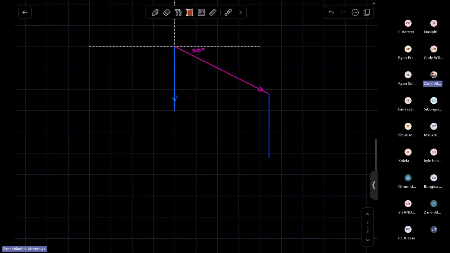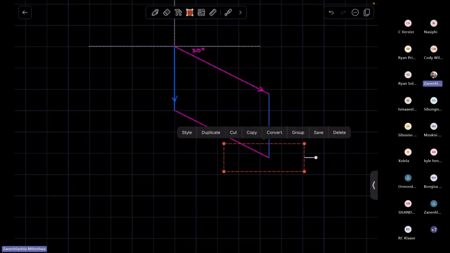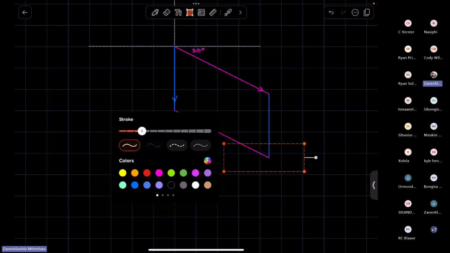Once you've drawn this vector on this end, all you do is you connect these two lines. Because essentially, by connecting these two lines, this line that you draw here will be exactly equal to this one here. If you duplicate this one, it's exactly the same, and then you know these two complete the parallelogram.